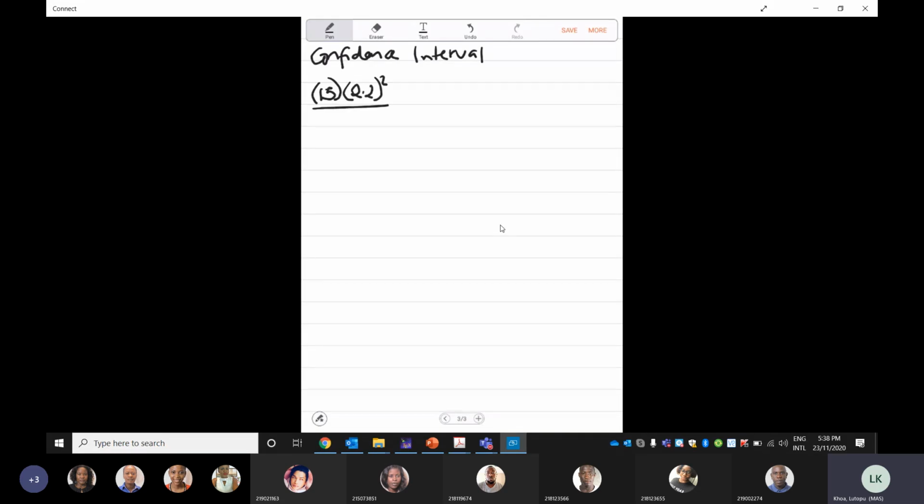Then I divide by 32.80132. This is less than sigma squared, which is less than 15 times 2.2 squared, and this is divided by 4.60092. And this you just do on your calculator.